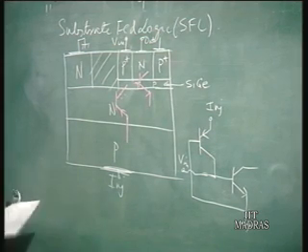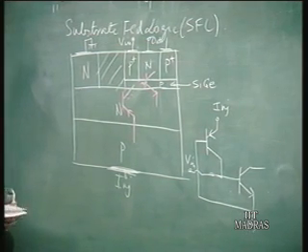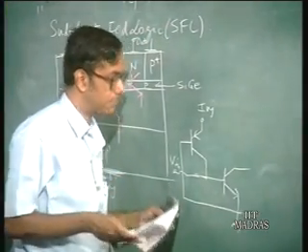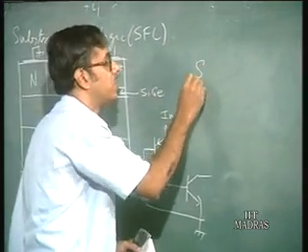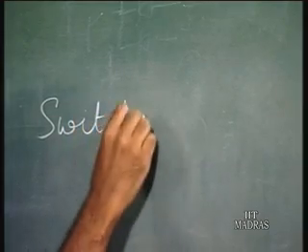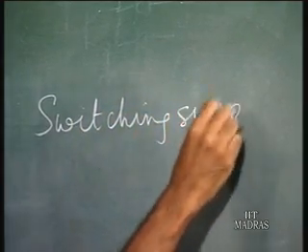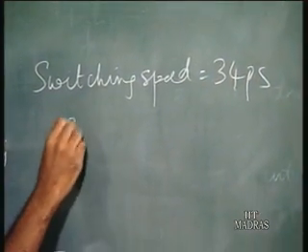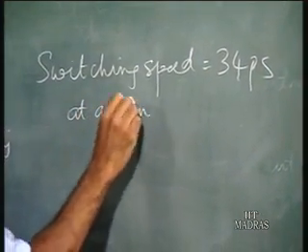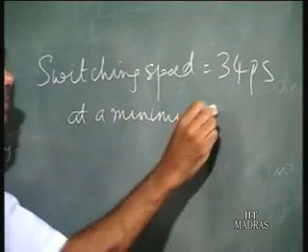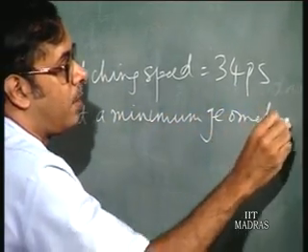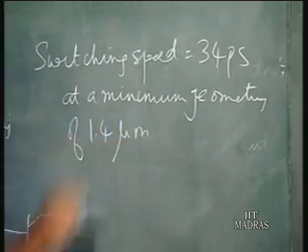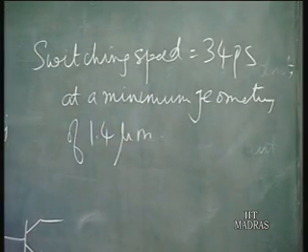I do not want to go into it because it becomes more complicated, but the interesting thing is that they predict that with this particular structure one can go down to a switching speed of 34 picoseconds at a minimum geometry of 1.4 micron. So that is the outcome of their work.